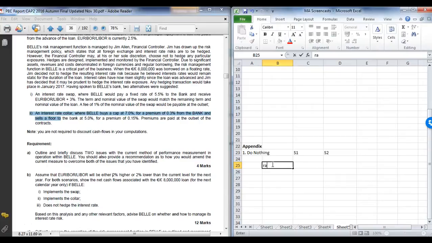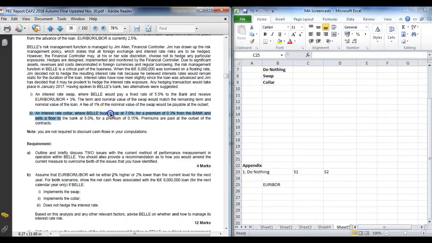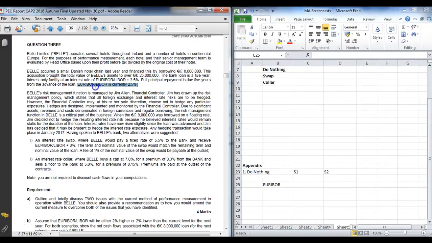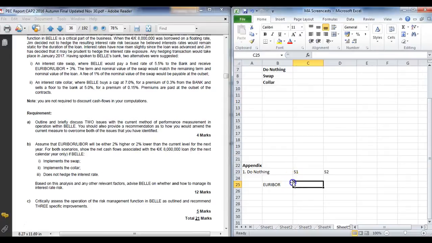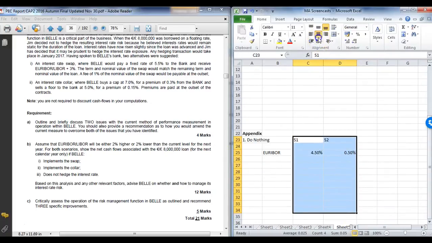So here, Euribor. So Euribor currently, we're told in the question, is 2.5%. So scenario 1 says it'll be 2% higher, so it'll be 4.5%. And scenario 2 says it will be 2% lower, therefore it will be 0.5%. Because again, Euribor currently is 2.5.